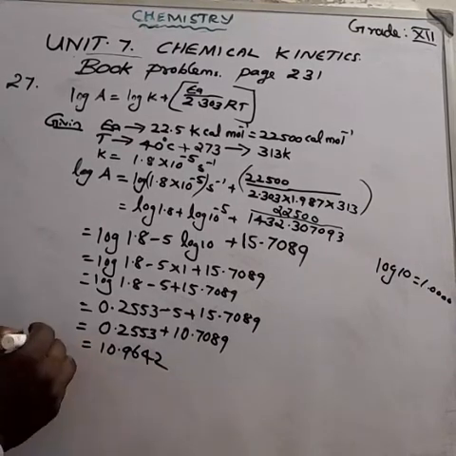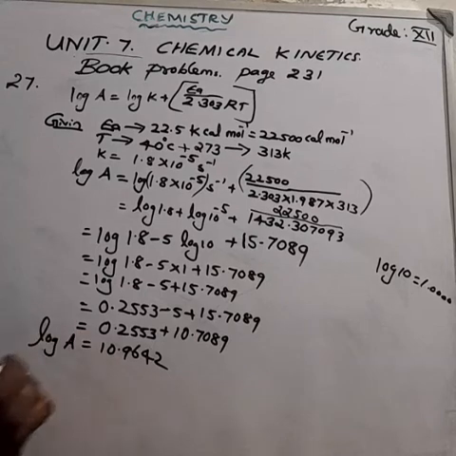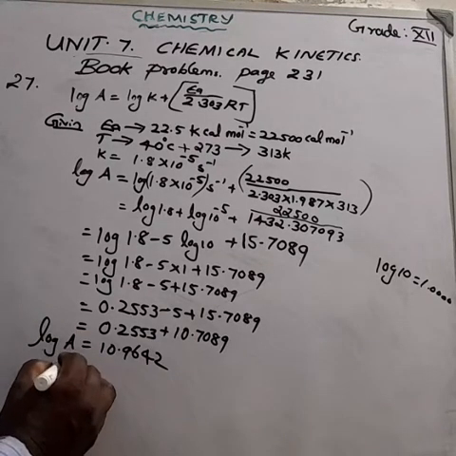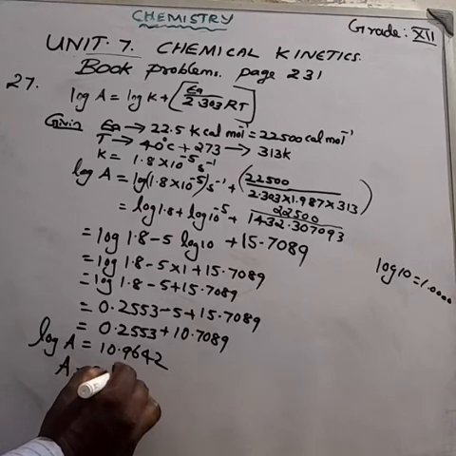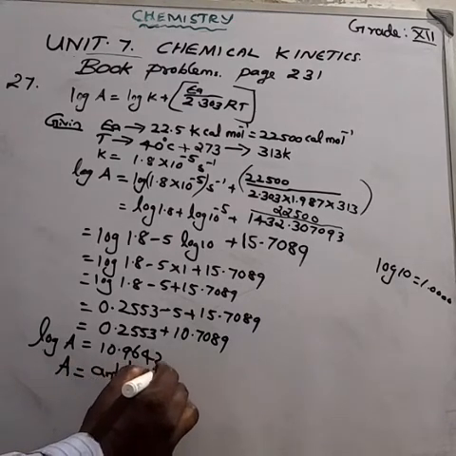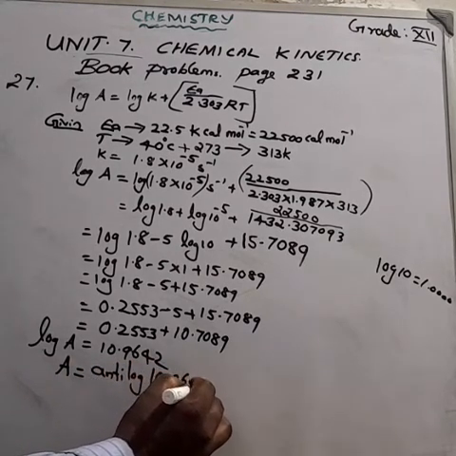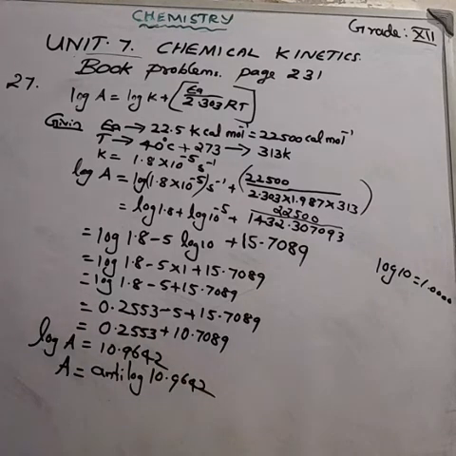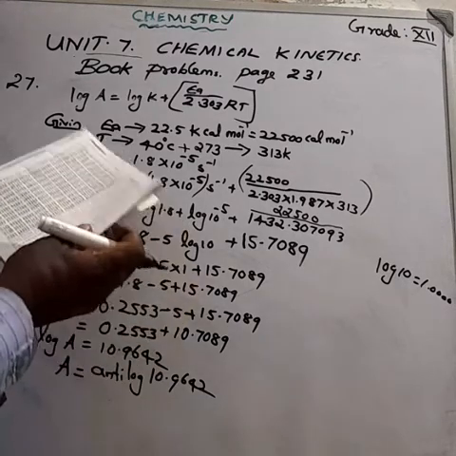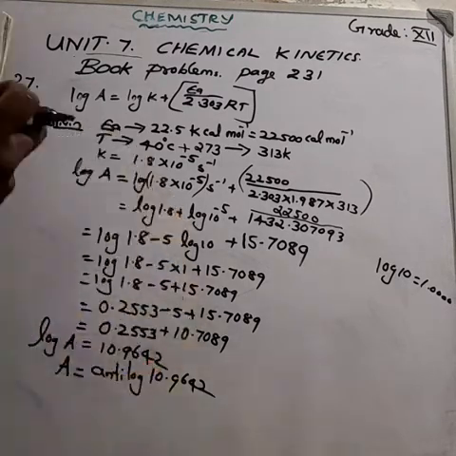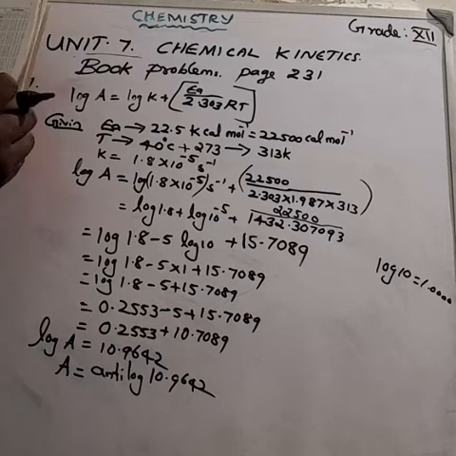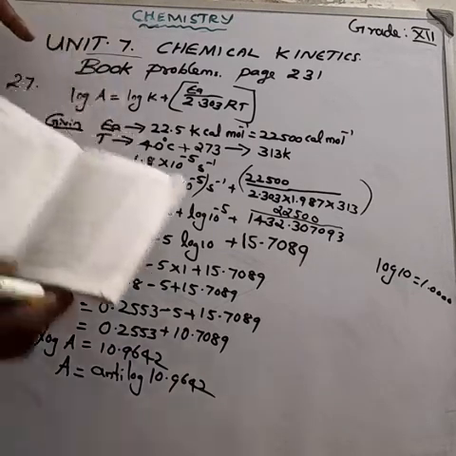Next, I am going to take the anti-log. A is equal to anti-log of 10.9642. For the anti-log, you must take the logarithm table book, page number 5. Pages 4 and 5 have the anti-logarithm.